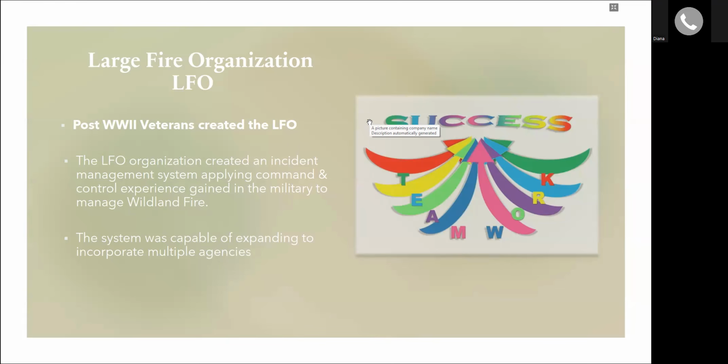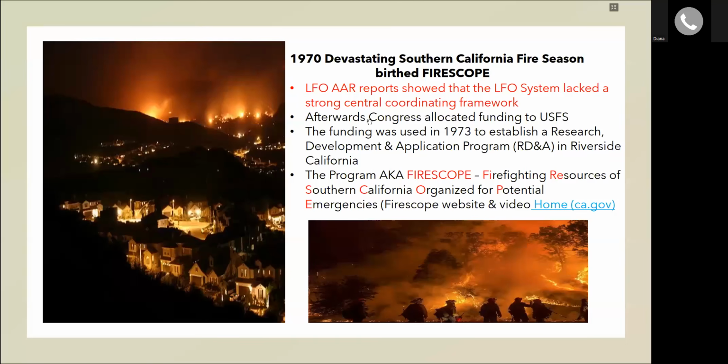The LFO was an organization that created an incident management system, applying command and control experience that they had gained in the military to manage wildland fires. And the system was capable of expanding to incorporate multiple agencies.